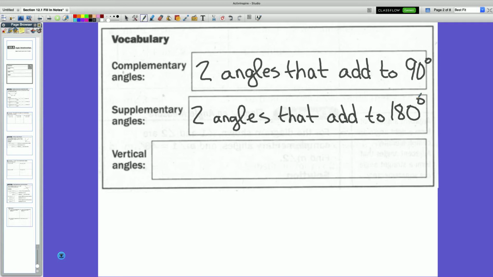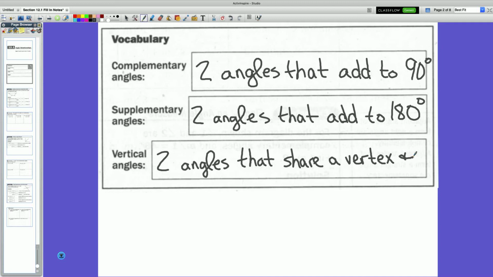And then vertical angles are two angles that share a vertex and whose sides form straight lines.